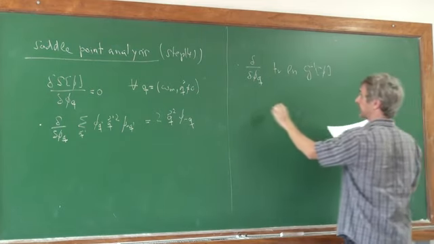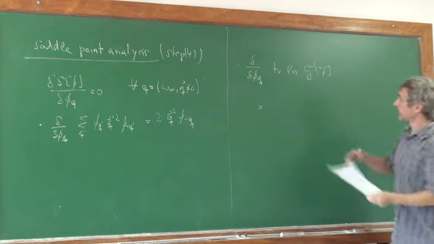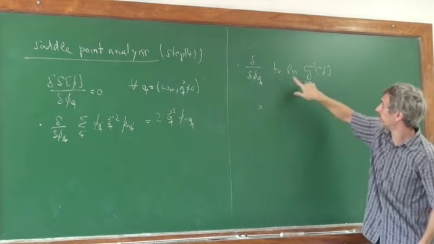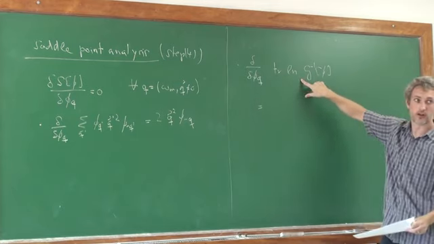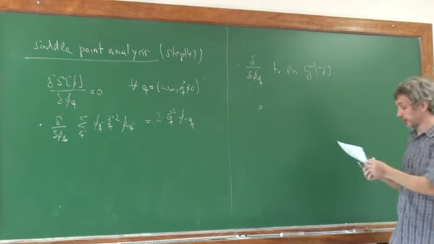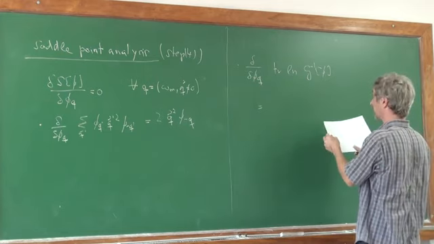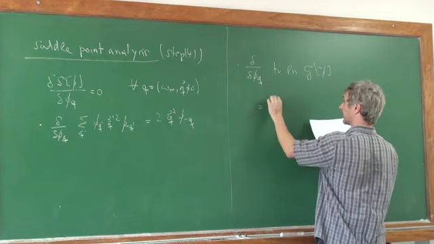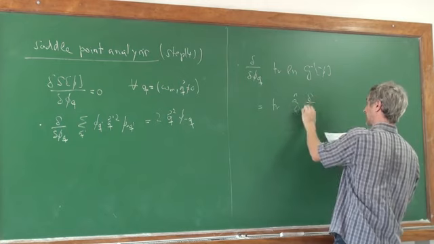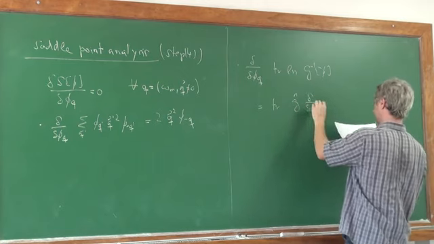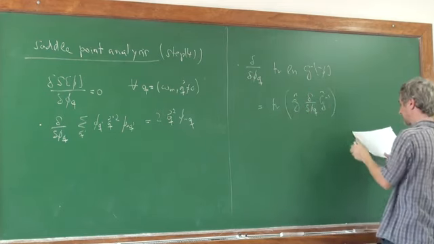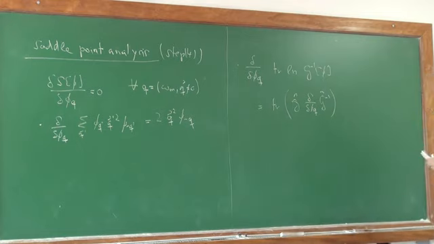Okay, so what we learned first is that this derivative due to the trace can be done as that of the log function. So this will give the inverse of this, and then we take the functional derivative of this term. So this will give trace of G, and then we take the functional derivative of G to the minus 1. Okay, so this was due to the thing that we just noticed.